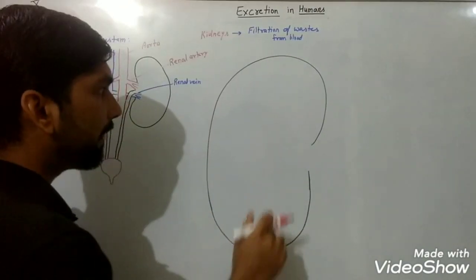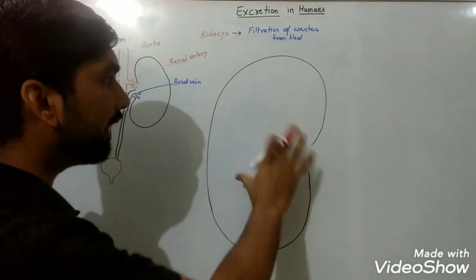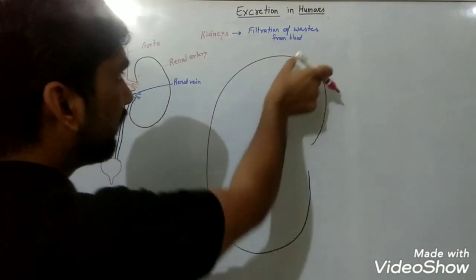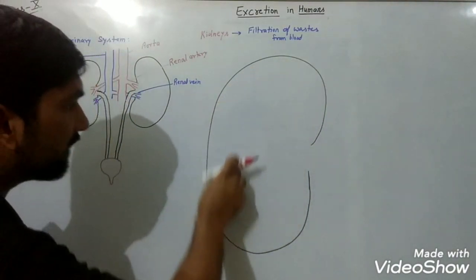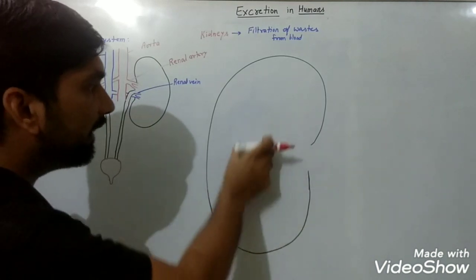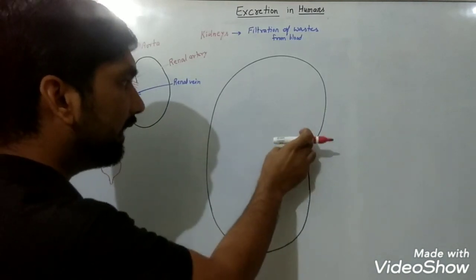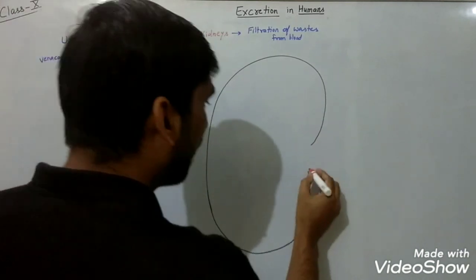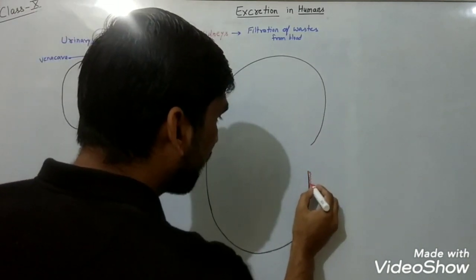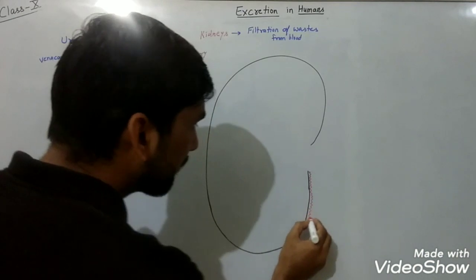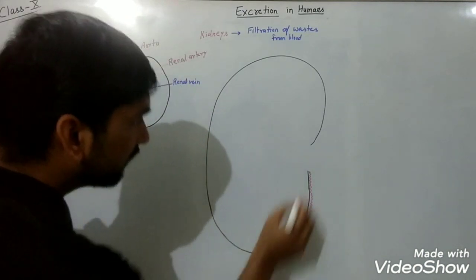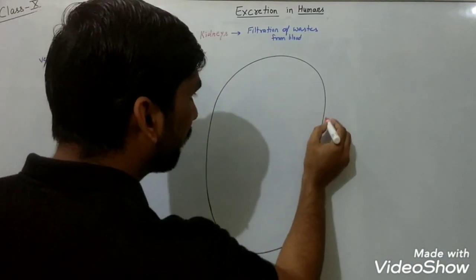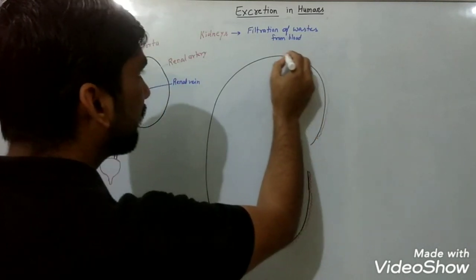So basically the kidneys have three main regions. The outer one is known as the cortex region, the middle region is the medulla, and the inner one is the pelvis. Each of the kidneys is protected by the fibrous tissue, which is known as what?